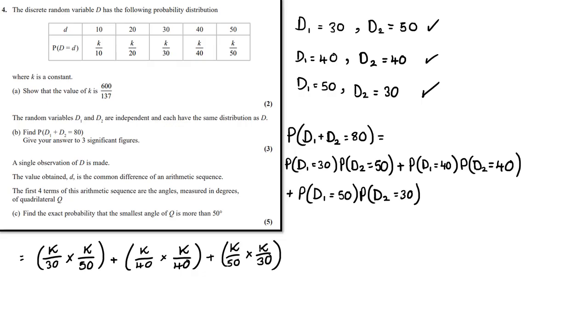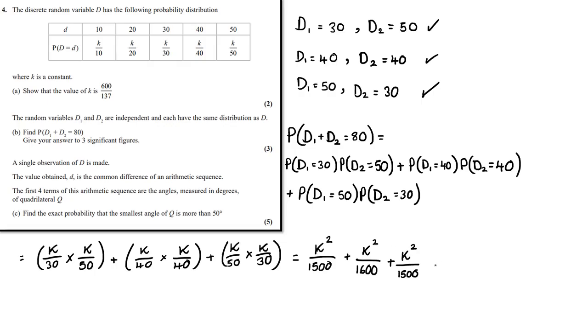Okay, so what I need to do now is just simplify this. So that's going to give me k squared over 1,500. Same here, that's going to be k squared over 1,500, and this will be k squared over 1,600. So if we just write that out again, we've got k squared over 1,500 plus k squared over 1,600, and then finally k squared over 1,500 again.